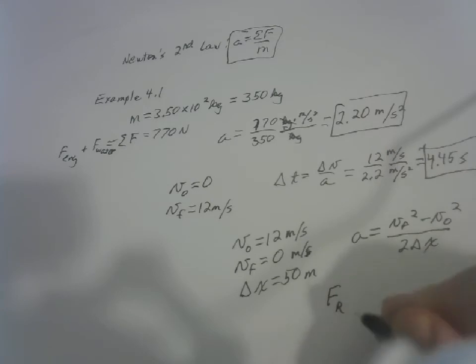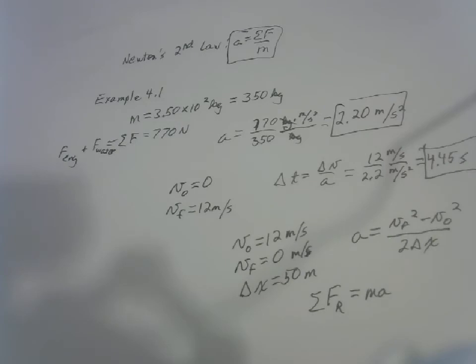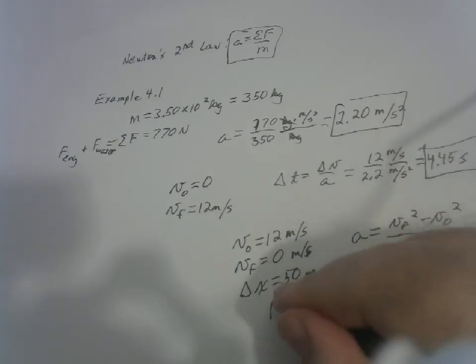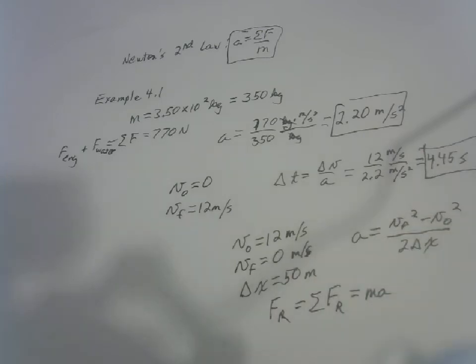resisting. So I'll call that force of resistance is going to be the mass times acceleration, because in this case it is the sum, but there's only one force applied. So in this particular case, the resistant force is equal to the sum of forces.